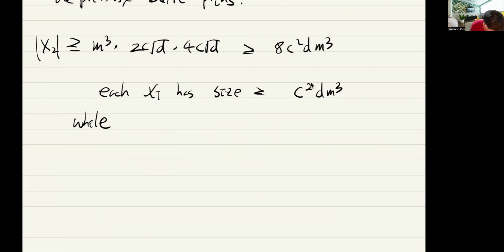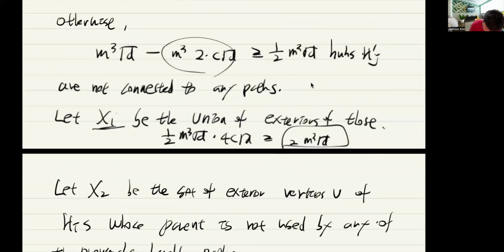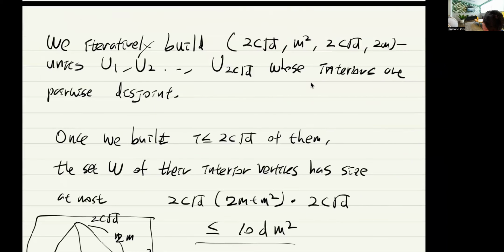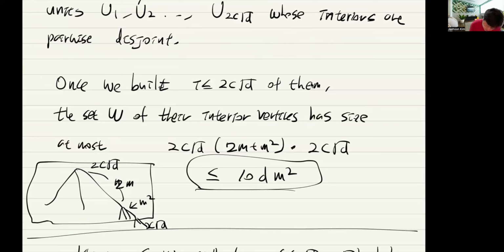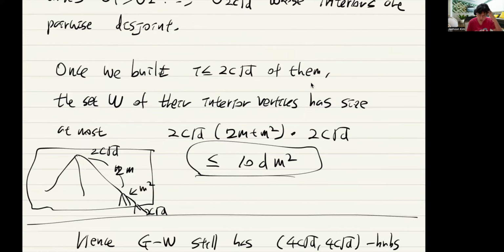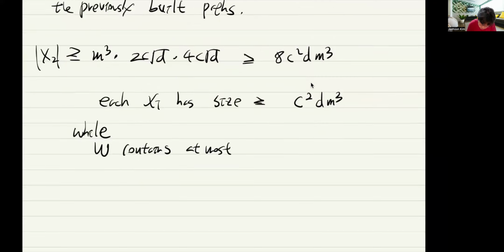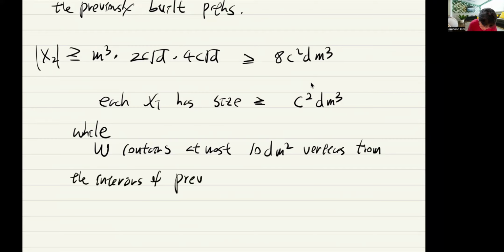The W contains at most, as we saw before, we added the vertices from previously built units, interior vertices of previously built units, which has 10 d m square vertices from the interiors of previously built units.